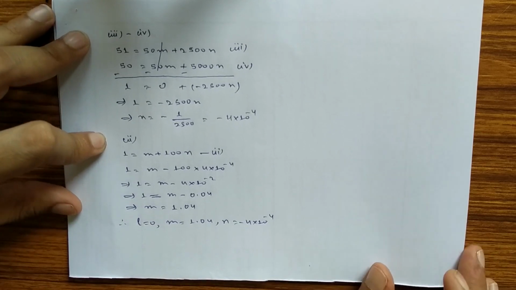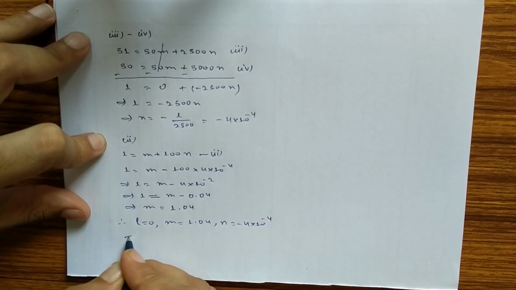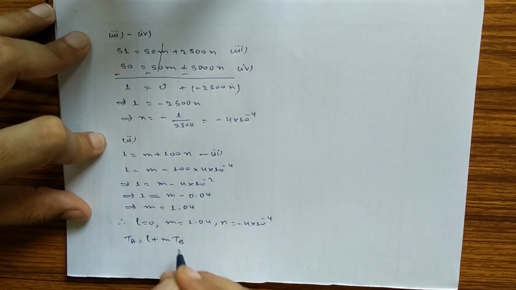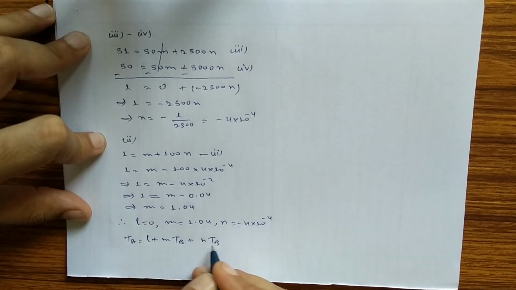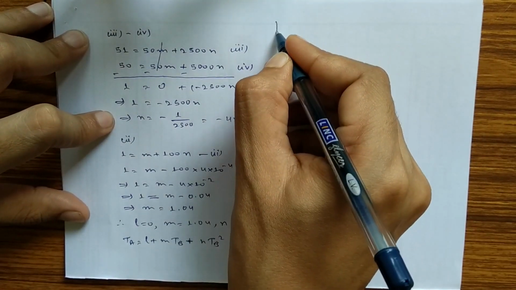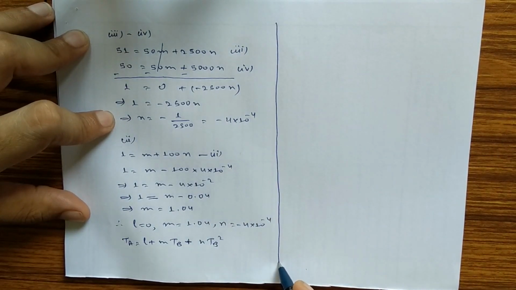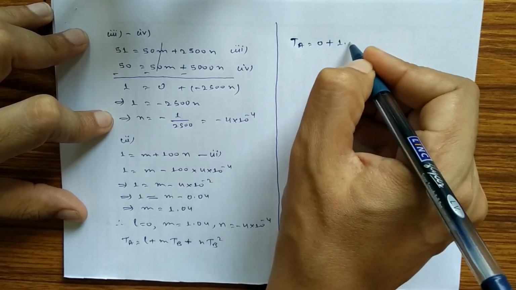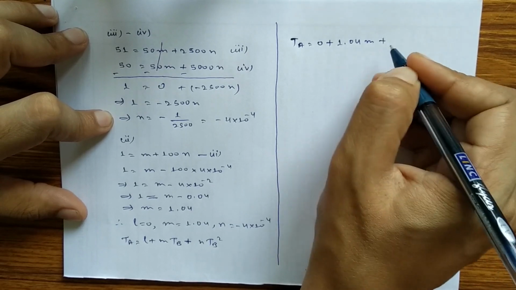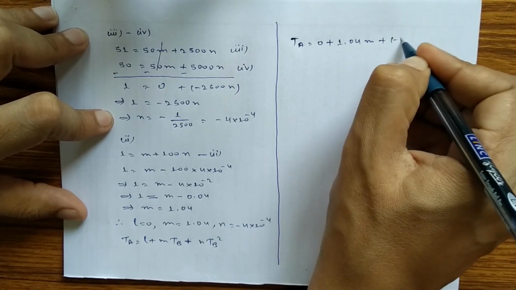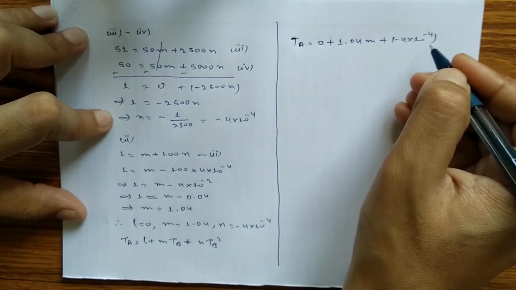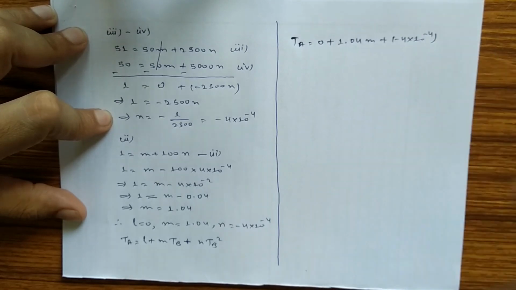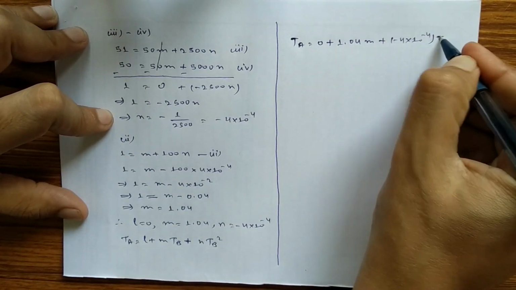Putting these values in the equation TA equals L plus m TB plus n TB square, we get TA equals 0 plus 1.04 TB minus 4 into 10 to the power minus 4 TB square.